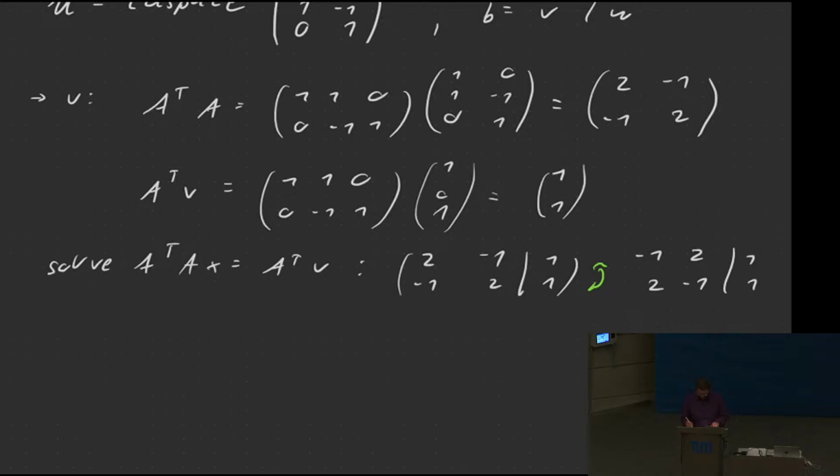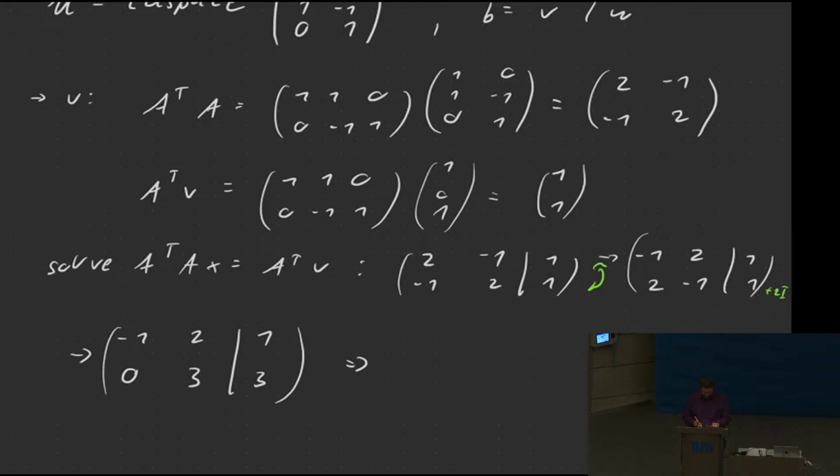So I have a minus 1 in my pivot position here. And then I want to add 2 times the first row to the second one. And I will get, let's see, what do I get? 0. That's plus 4, that's a 3. And plus 2, that's again a 3.